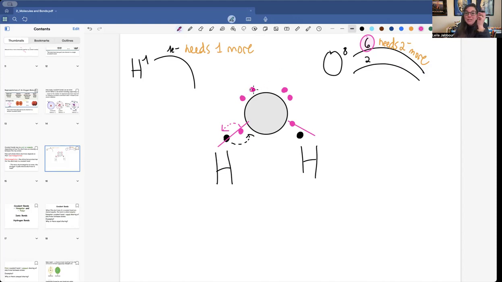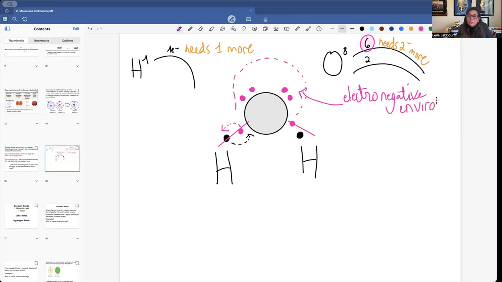Now, because you have additional electrons on the surface of the oxygen, these electrons are not engaged in any specific bonds because we don't need them to. We already got the electrons from the hydrogen. So these electrons are basically creating this electronegative environment.